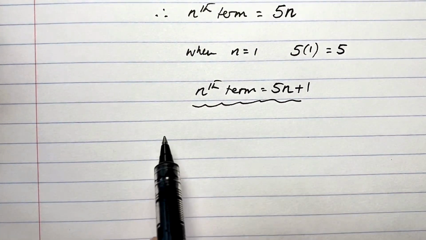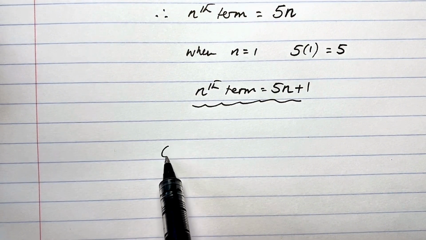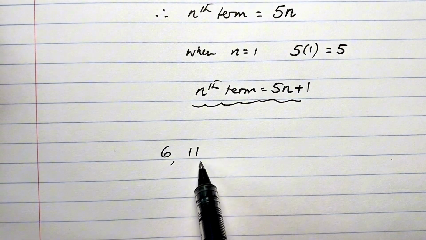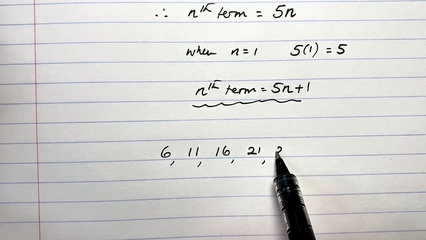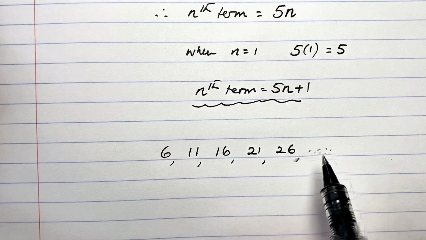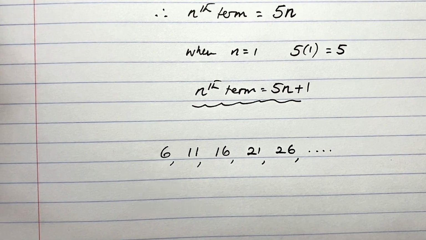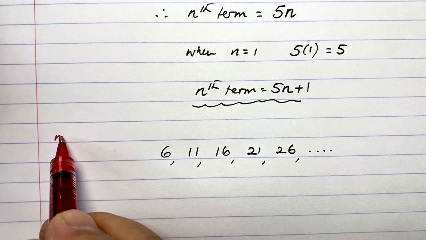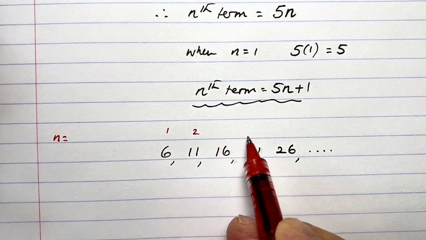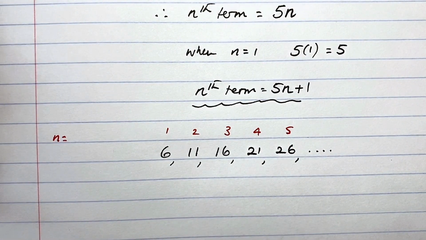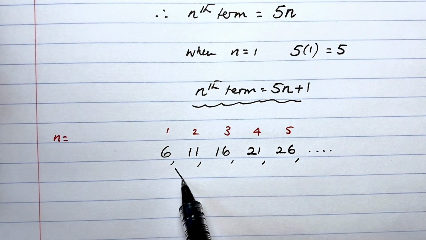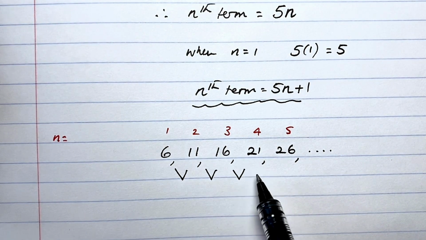Let me just write this sequence again. 6, 11, and term numbers 1, 2, 3, 4, 5. Same as before, the first difference.